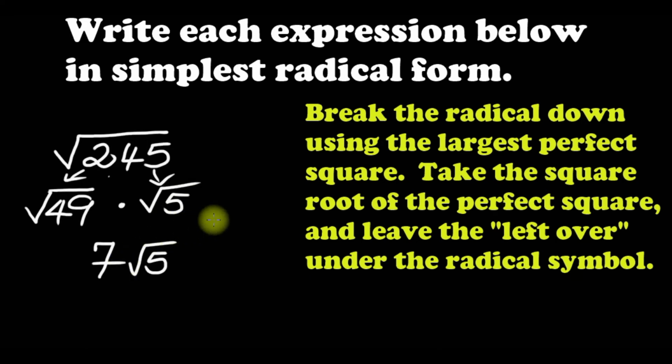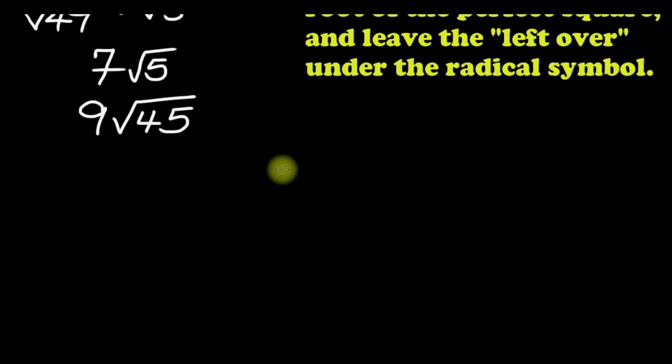Let's take a look at another one. Here we're going to simplify 9 times square root of 45. The 9 is outside of the square root, so we do not work with that number yet. We're just going to have to break this up. Square root of 45, think of the largest perfect square that can go into 45.